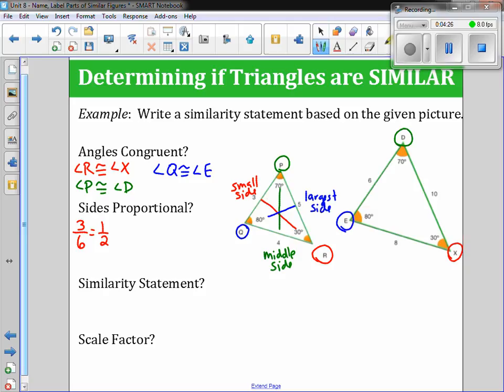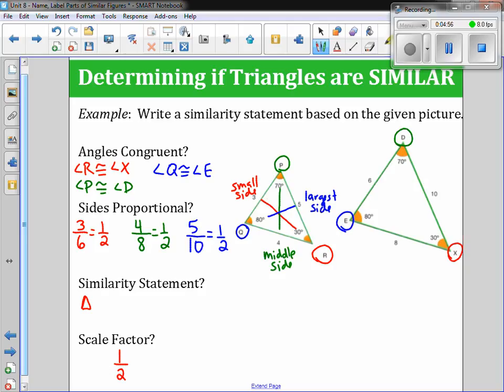My next side, which is my middle, is proportional to the middle side of my other triangle, which is 8, which simplifies to 1/2 as well. And my largest side of 5 is proportional to my largest side of 10, which simplifies to 1/2. So therefore, I have a scale factor of 1/2 when comparing my smaller triangle to my larger triangle.